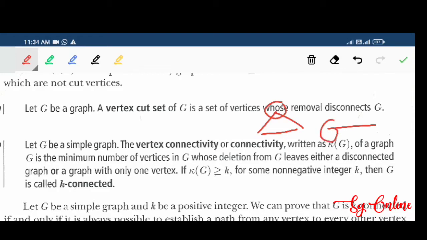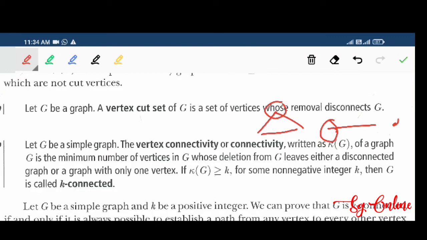Now if we delete this vertex, then we are left with a single vertex, and so deletion of two vertices of the graph gives you a single vertex graph. So the connectivity of the graph is 2.